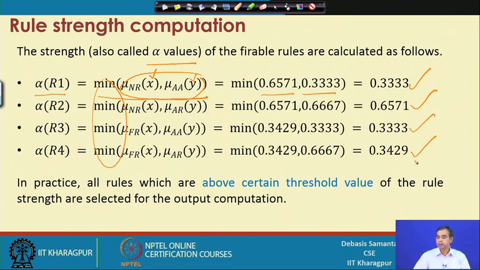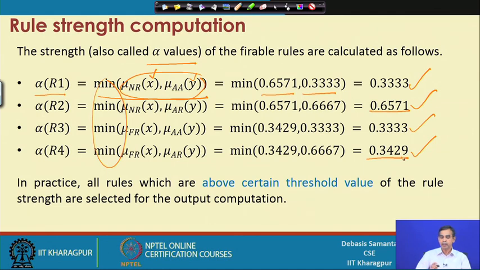Now, out of these 4 rules, it selects some rules based on a threshold value. If we take the threshold value as 0.300, then all rules will be selected. If, on the other hand, the threshold is 0.3400, then only this rule and this rule will be selected. So it depends on the threshold value, and the threshold value will be decided by the fuzzy engineer from his own experience or using a trial and error method.